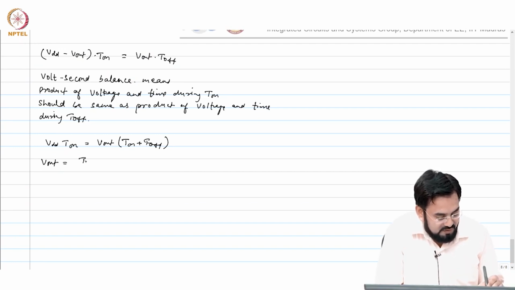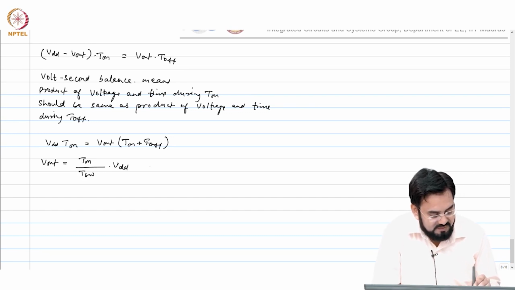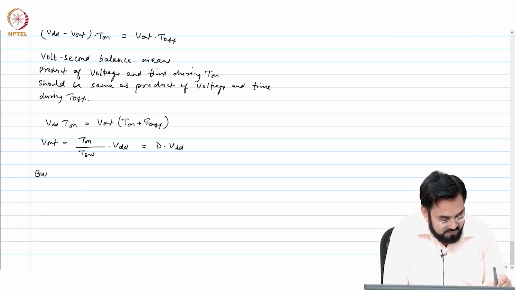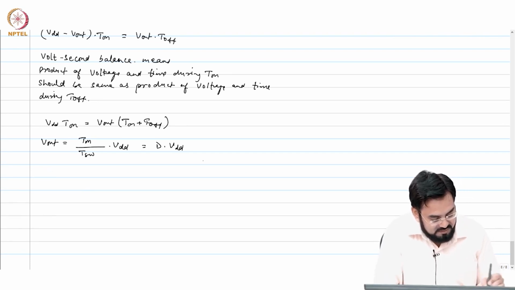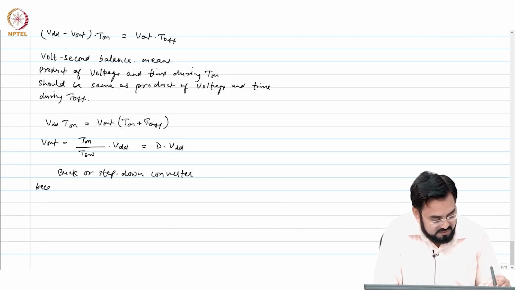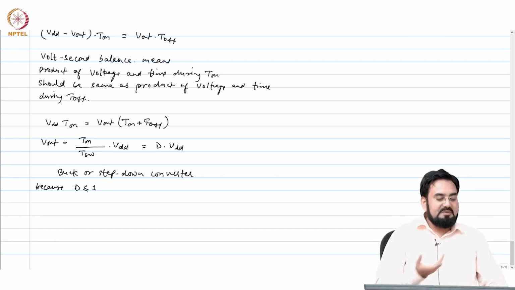V out equal to T on over (T on plus T off), which is nothing but TSW, into VDD, D times VDD. And this is nothing but a buck or step down converter, because D is always less than or equal to 1.